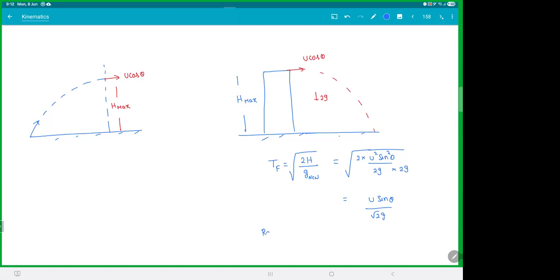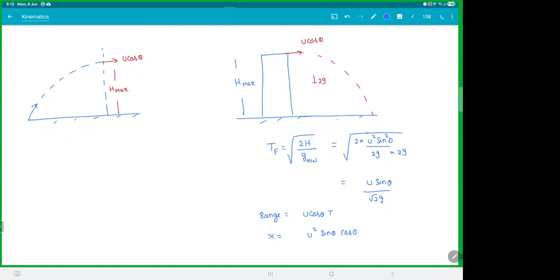The range will be the horizontal velocity u cos theta into time of flight, which is your x. So this is u square sine theta cos theta by root 2g. Multiply and divide by 2. This will become u square sine 2 theta by 2 root 2g. But you know u square sine 2 theta by g is R. So this is R by 2 root 2. Check.